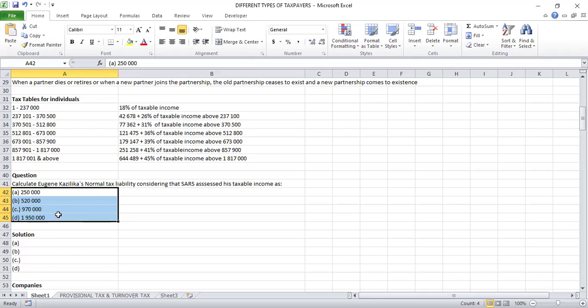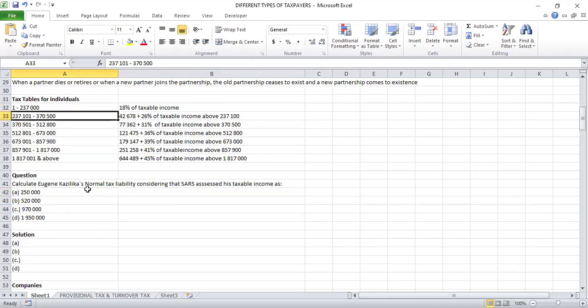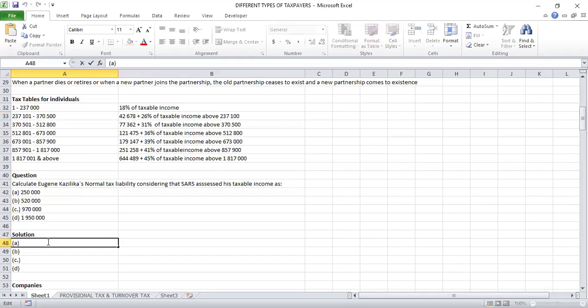Right. So now, if the person earns 250,000, they fall in this bracket here. Their tax will be 42,678. On top of that 42,678, they will pay an extra tax on their income above 237,100.